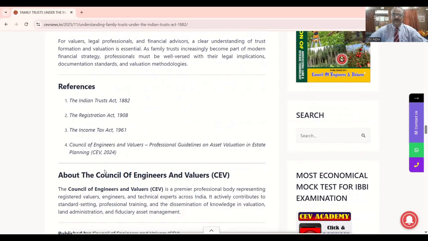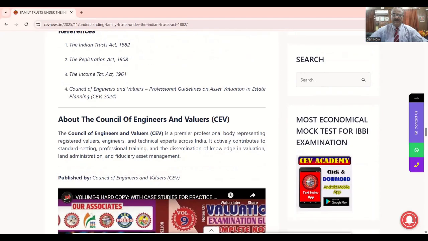One article was published in 2024. We have taken the reference of that article, and we have also discussed various things with our legal advisor. Now, about the Council of Engineers and Valuers, CEV: the Council of Engineers and Valuers is a premier professional body representing registered valuers, engineers, and technical experts across India.